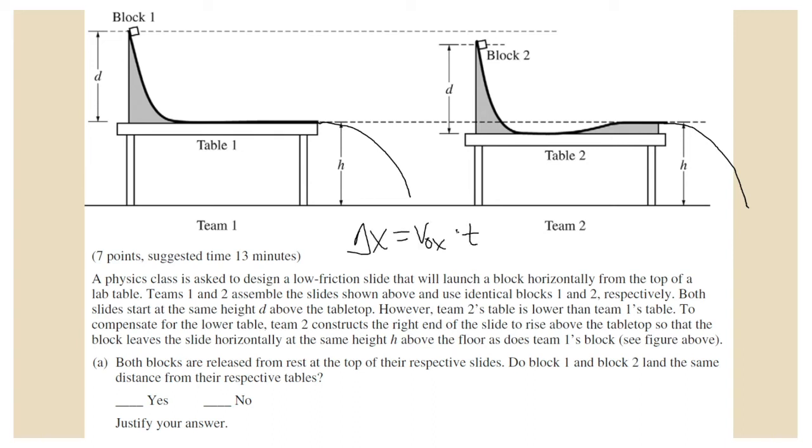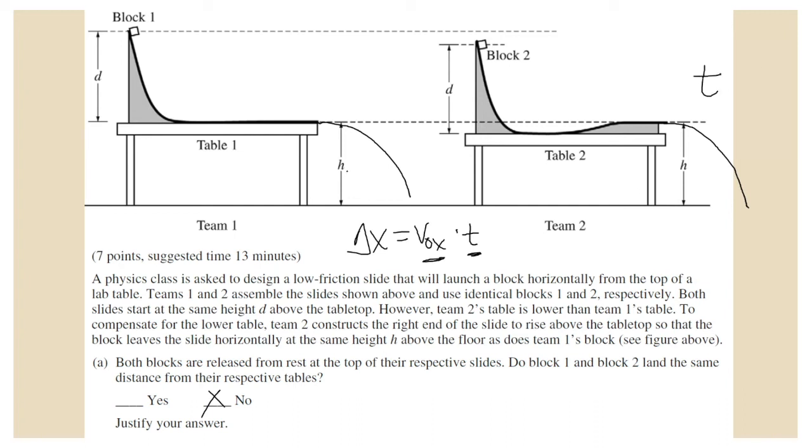And you better believe, because those are the two things in the equation, those are going to be two things they're going to give you points for mentioning in the scoring guide. The answer here, it says, do block 1 and block 2 land at the same distance from their respective tables? The answer here is no. And they're going to want you to explain about the time and the horizontal velocity.